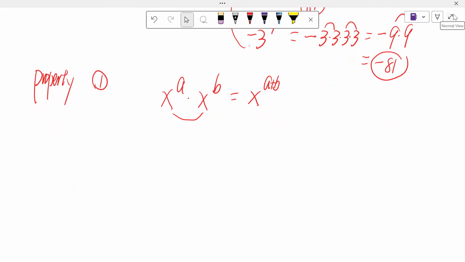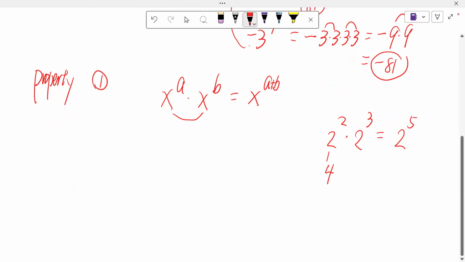That's very easy to confirm. Let's say 2 to the second and 2 to the third should equal 2 to the fifth. 2 to the second is 4, and 2 to the third is 8. Multiply them, you get 32. Now if you expand 2 to the fifth, it will be 2 times 2 times 2 times 2 times 2.